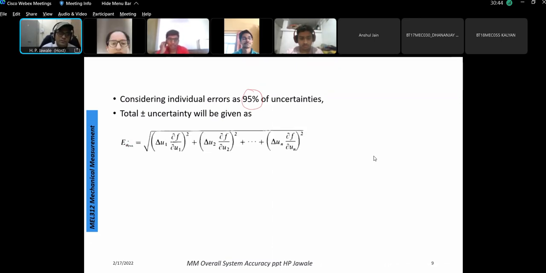So E, we call that the RMS value. E A, the estimated error in RMS value, will be the root mean square of the given values: say uncertainty 1 into the partial derivative of uncertainty 1, squared, plus uncertainty 2 and so on, and then we take a root.